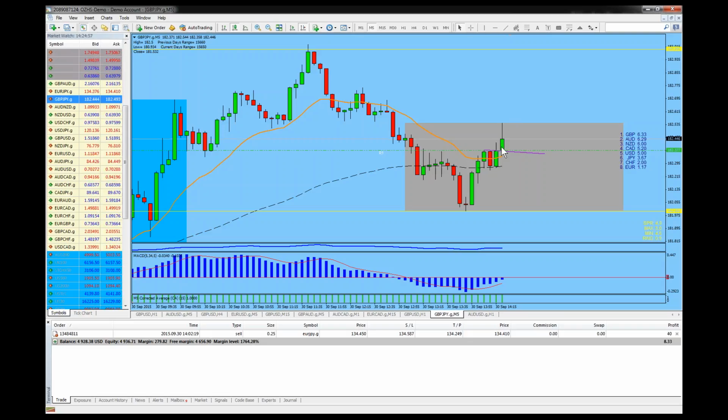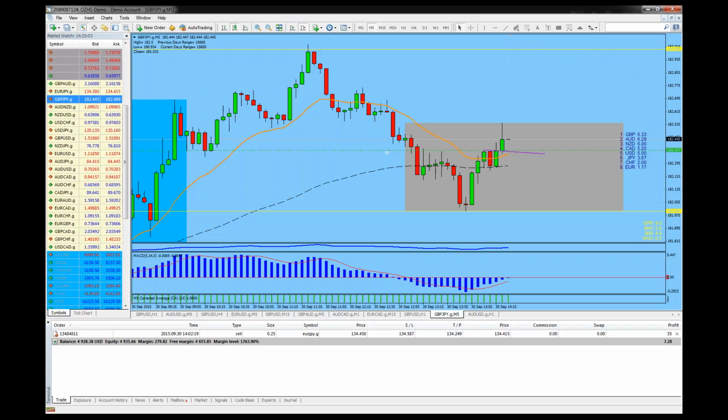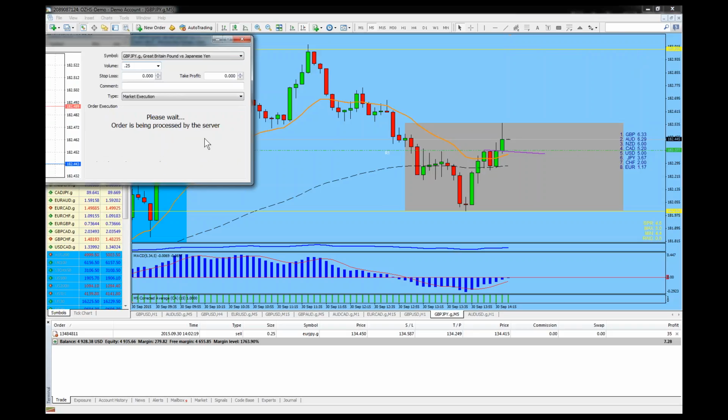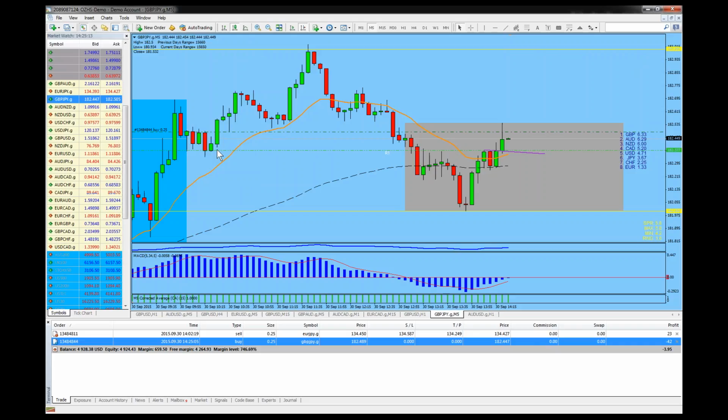The farther down this closes, the better. There we go, new candle, and I am long. It's a 4 pip spread, but it's a small lot size, so if it decides to not be cooperative, it won't be the end of the world.